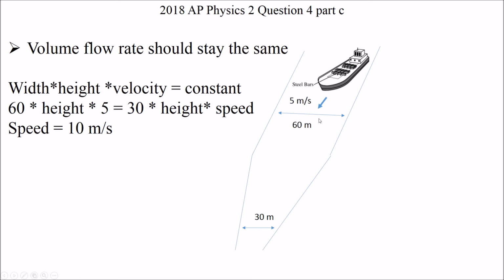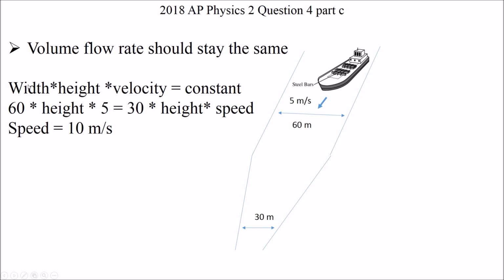So that's simply Bernoulli's equation, or volume rate being constant, and volume rate is basically volume over time, and volume can be described as area times length over time, and length over time is velocity. So area, which is width times height for this case, times velocity is going to be constant. That's due to conservation of basically mass.